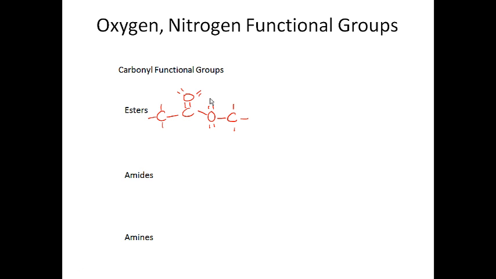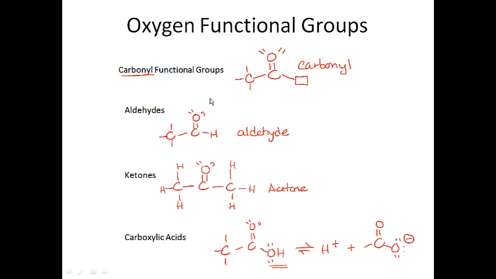And esters also tend to be in flavorings and fragrances because they do have fairly nice or pleasant smells. If I go back here to carboxylic acids, they usually don't have pleasant smells, and some of them are just outright rancid. The 2-carbon carboxylic acid is acetic acid. That's the major component of vinegar.